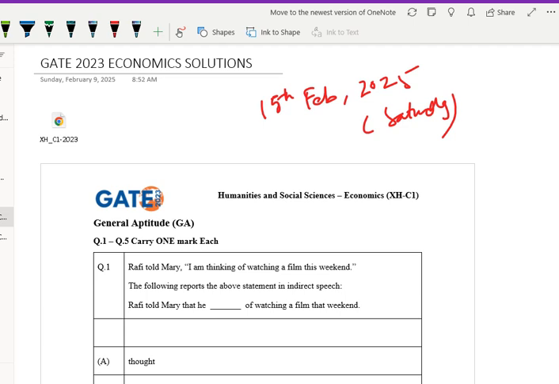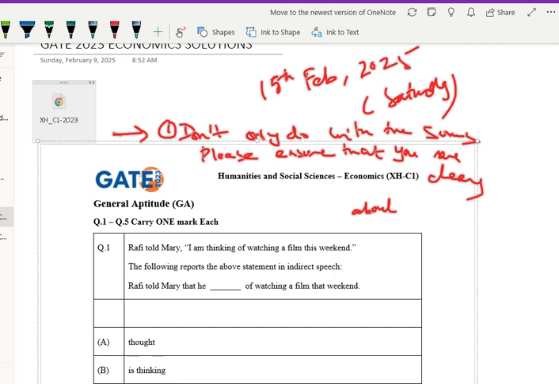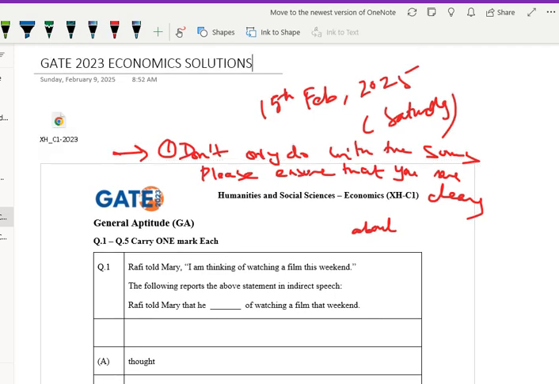What the notes to keep in mind is that first, don't only do the sums, because I was talking with my students, please ensure that you are clear about the theory, because when I was skimming through every paper, I saw that they are asking you questions from theory.